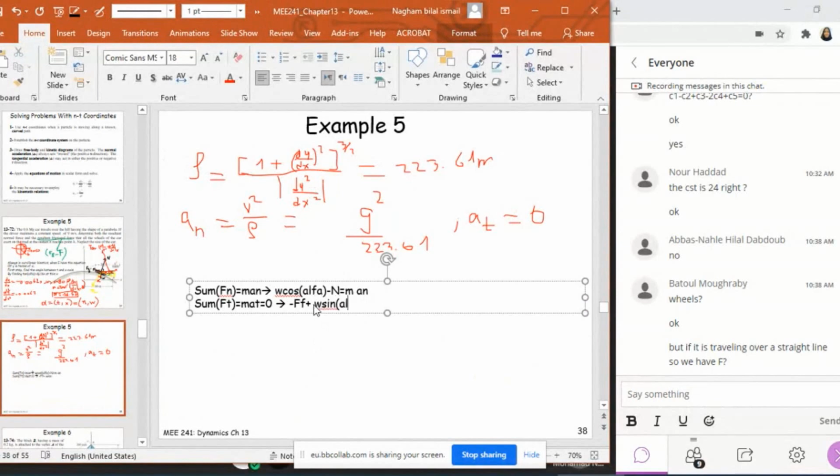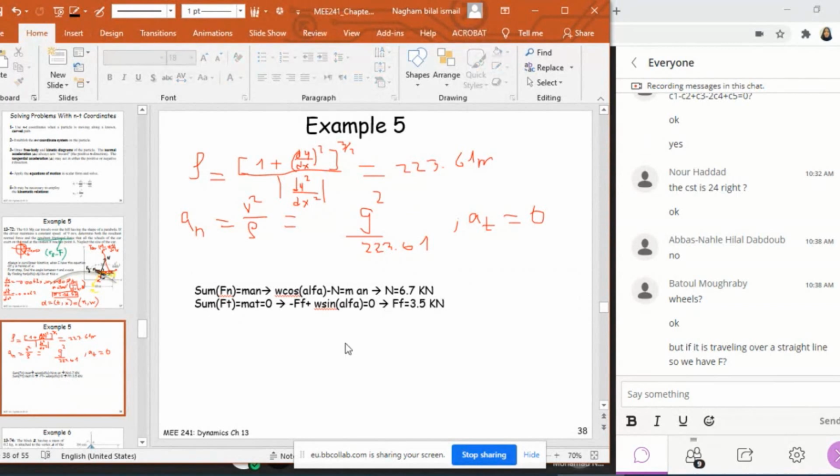So minus F plus W sine alpha is equal to 0. Right? So from these two equations, from the first equation, you can find N, because W and a n are known, so it will be 6.7 kilonewton. And from the second equation, you can find the resultant frictional force, that will be 3.5 kilonewton. Okay?